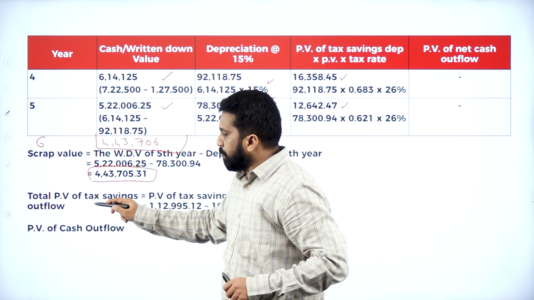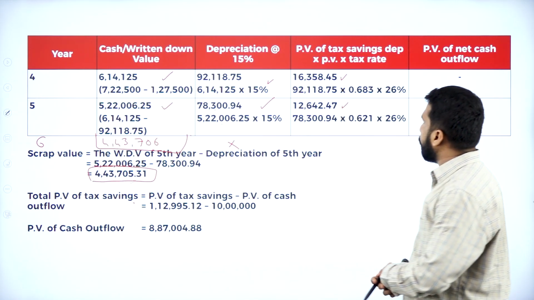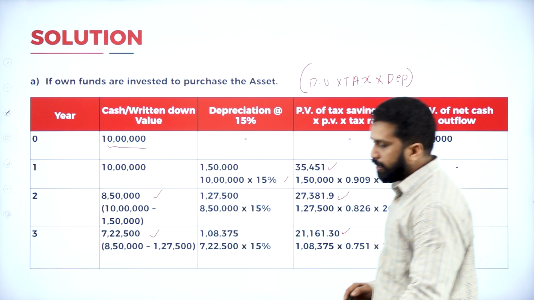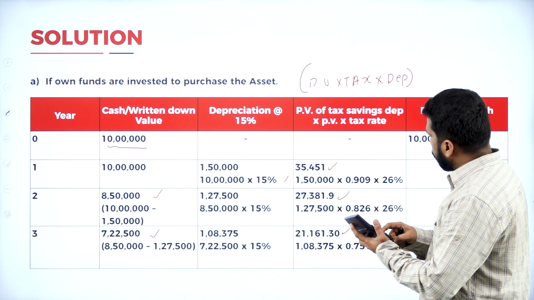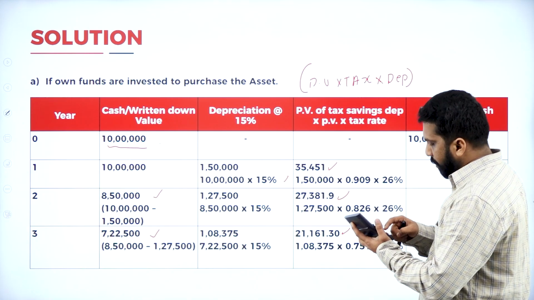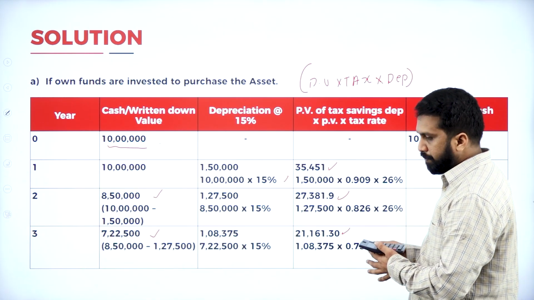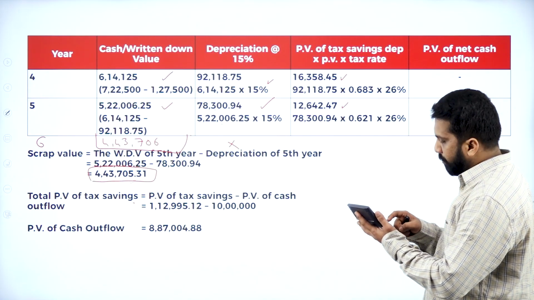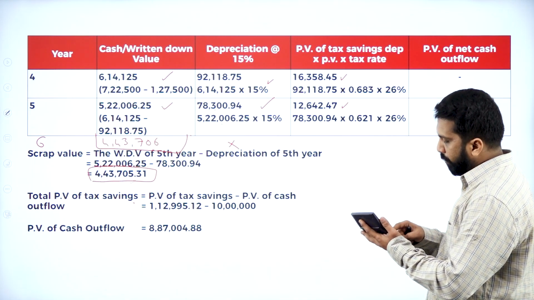Now, total PV of tax saving. Just add this: 35,451 plus 27,381 plus 21,161 plus 16,358 plus 12,642.